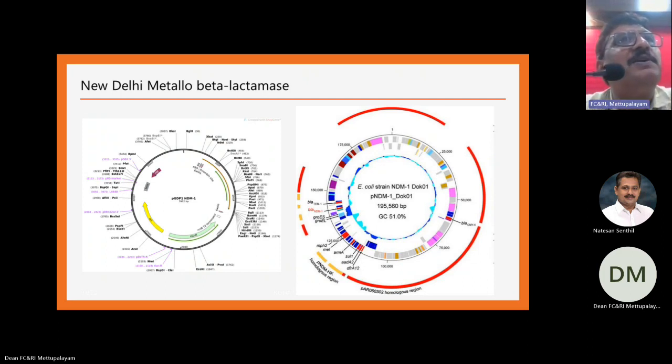There are different means of horizontal gene transfer, like transformation, transduction, conjugation. Bacteria are good at it. They are horizontally transferring the gene, and there are at least 25 countries where NDM1 is now reported. And in India, we have it. So we are home to most of the problems like colistin resistance and NDM1 resistance.